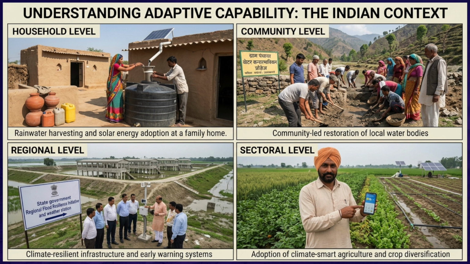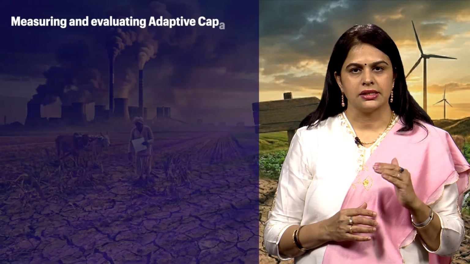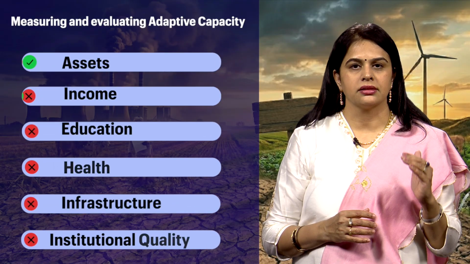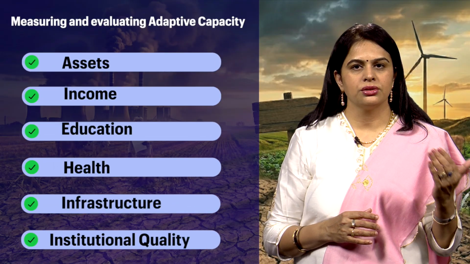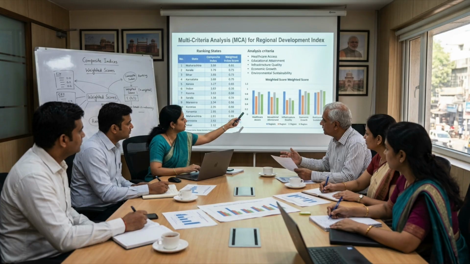These are mainly used as part of larger risk assessments. Generally, indicator-based methods make use of variables about assets, income, education, health, infrastructure, institutional quality, social capital and access to information. They make use of composite indices or multi-criteria analysis to do this.